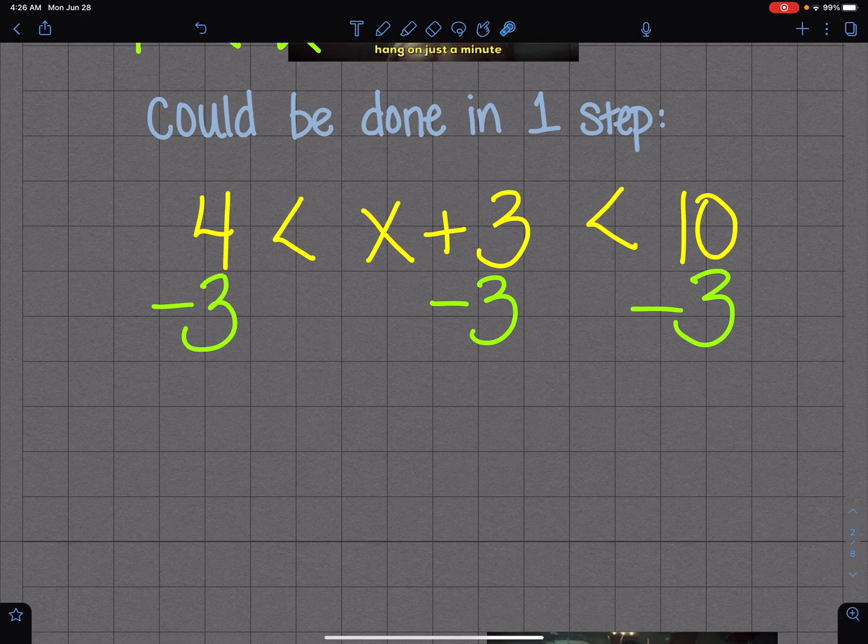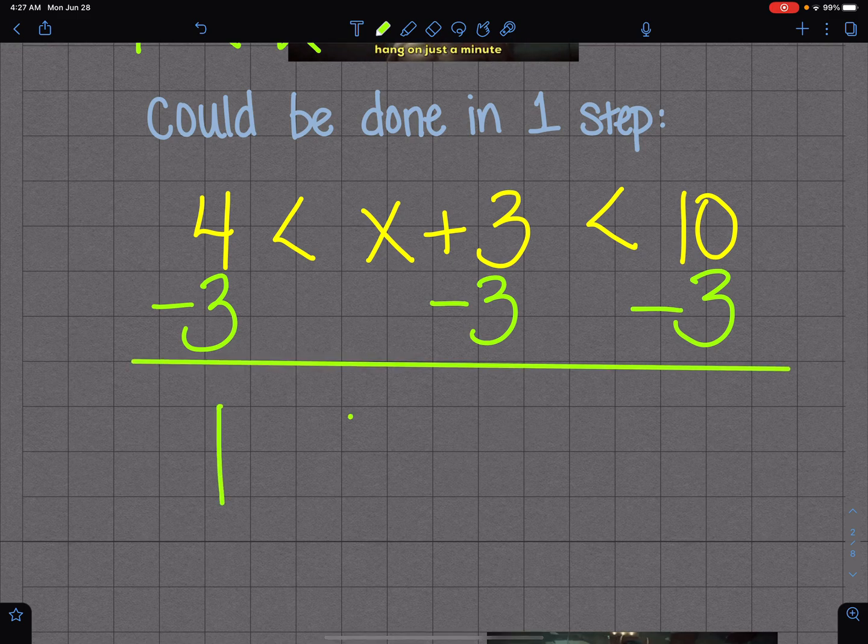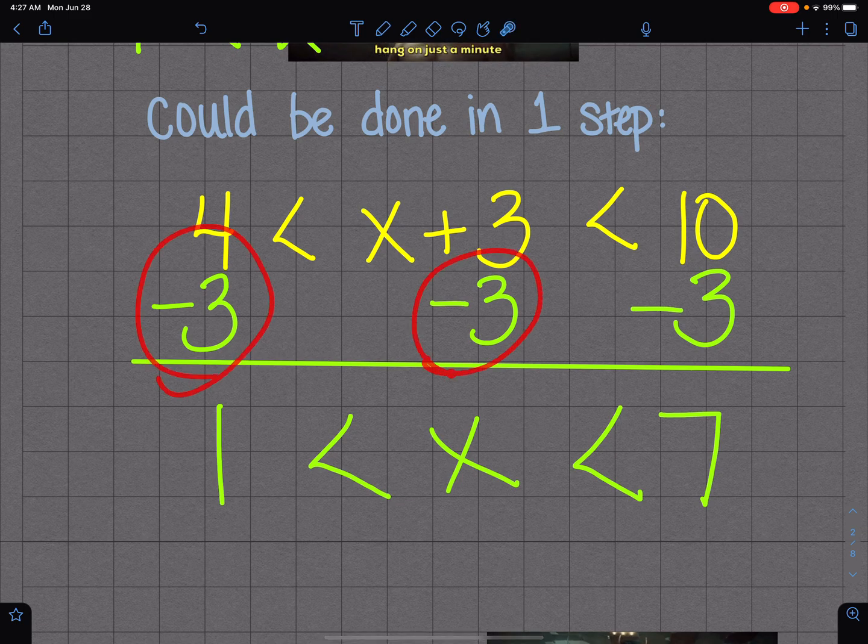Okay, so you have to do it 3 times, here, here, and here. All right, so then if you do it all in one step, what you are left with is 1 is less than x, which is less than 7. So that's what we got by doing it separately. You can do it separately or you can do it together in one step. Just remember that you have to do it 3 different times to all of the parts of the inequality.